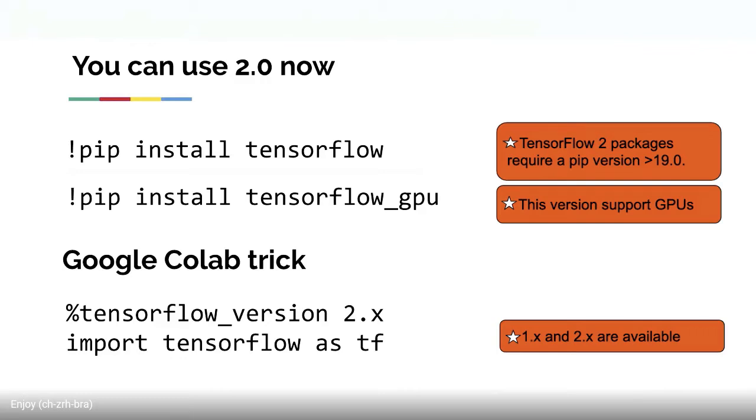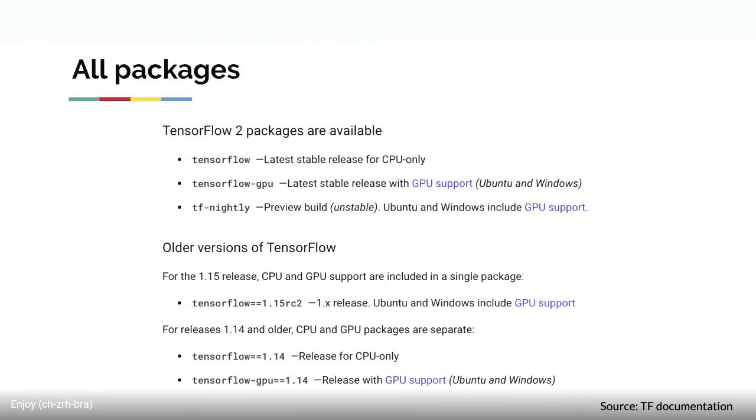The only difference is that you get your own kind of virtual machine there, and you can install packages just using the exclamation mark. It's like starting a shell command. So you can install, for example, tf-nightly. That's just the latest build version of TensorFlow, and I will show you that we will need to do that to test TensorBoard.